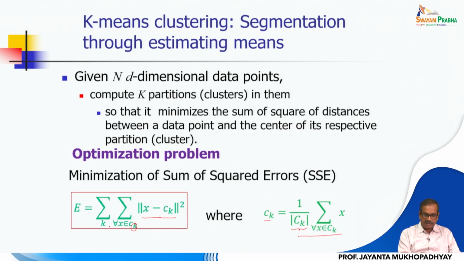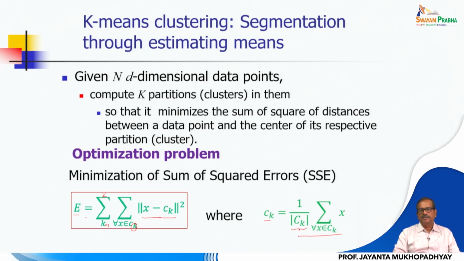Since there are all such partitions, the index k goes from 1 to k. For all such partitions, what is the sum of squares of such distances? We call it the error. This is the objective function, and we would like to minimize this error. We would like to get a partition which will minimize it.